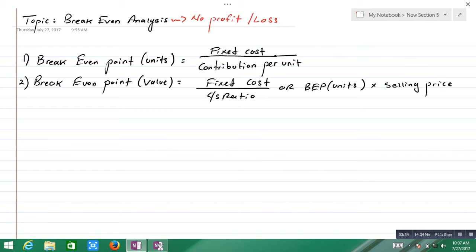Number three, targeted sales units: fixed cost plus profit over contribution per unit.